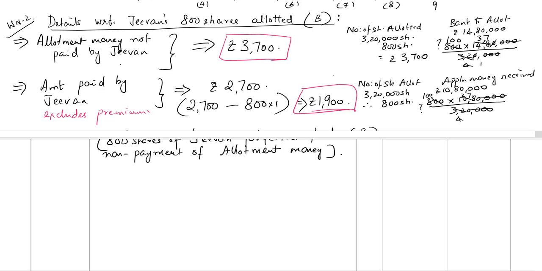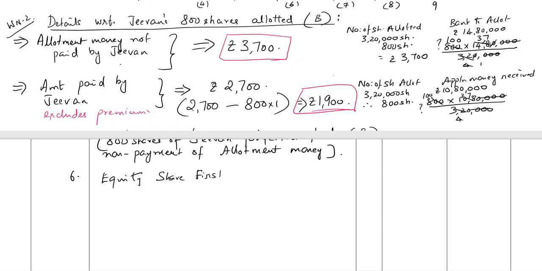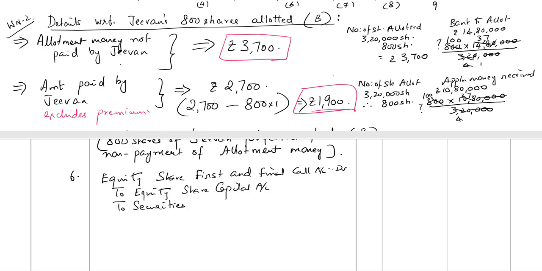We'll move on to the sixth entry, which is to make the final call money due. Equity share first and final call account debit to equity share capital account, to securities premium reserve account.